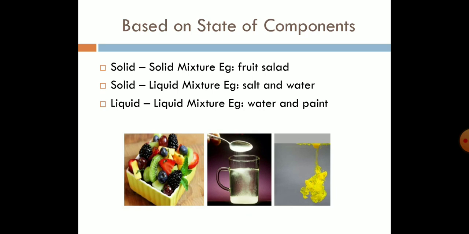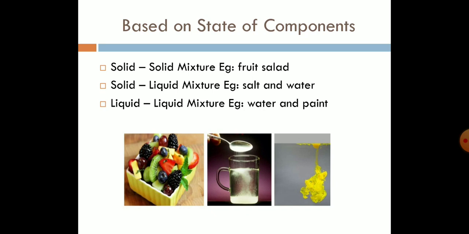You can separate them, and all the fruits retain their own properties. They don't mix chemically. So these are all characteristics of a mixture. Now coming to the solid-liquid mixture: you take the salt and water example itself. And the third one is a liquid-liquid mixture. There you take water and paint. See the picture down here, you have water and I'm mixing the yellow paint in it. So this is a liquid mixture.